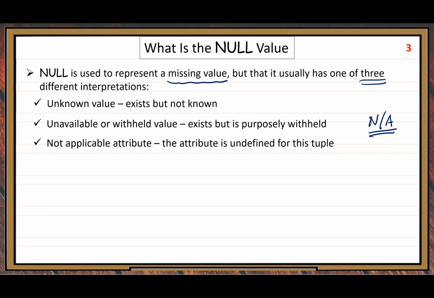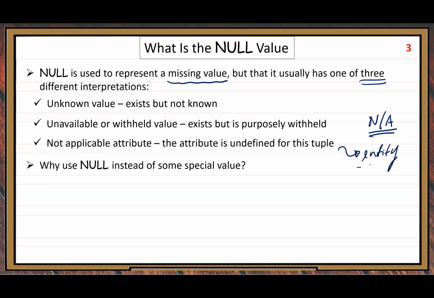This tuple refers to some entity, and more than that, usually entity relationship is possible too. For a relationship, you can also use null value. These are the three typical cases.